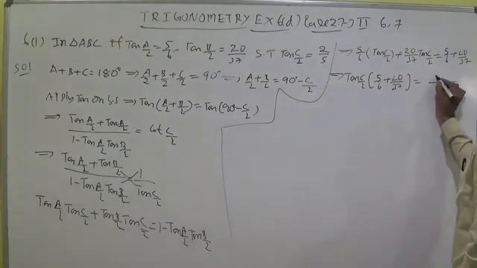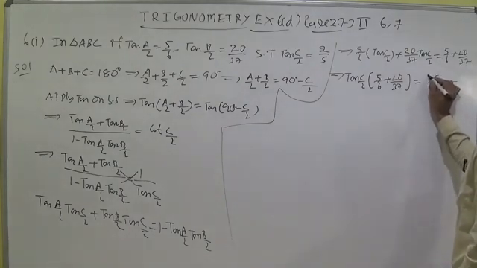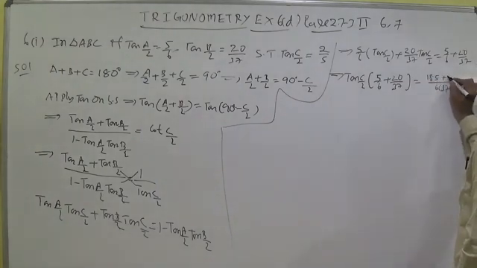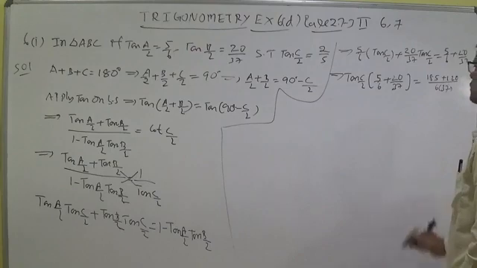5 into 37: 5 sevens are 35, 5 threes are 15 plus 3 is 18, so 185, plus this is 120.